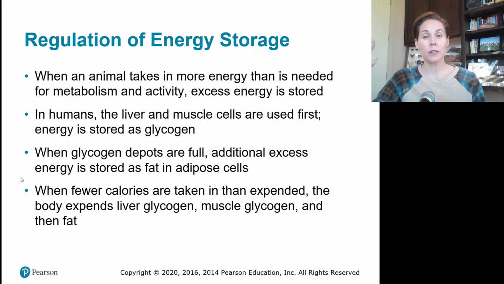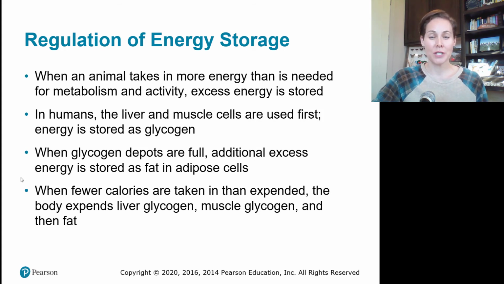In humans, the liver and the muscle cells are used first, and energy is stored as glycogen. When glycogen depots are totally full, that excess energy is then stored as fat. So you eat more than your body needs, and you start to gain weight. You start to get bigger fat cells and more fat cells, and so you get fat.